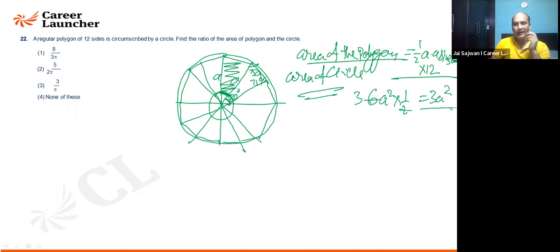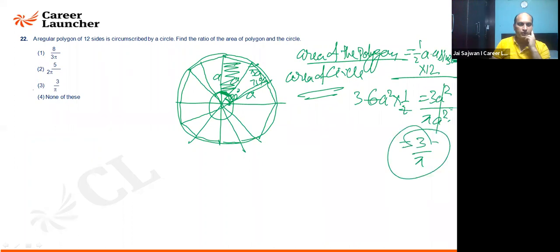Now let's talk about the area of the circle. When you have taken the radius as a, the area is pi a squared. The a squared gets cancelled out. You'll say 3 by pi is your answer. That is the third option. I believe it is clear. It's so simple, I don't know what you are doing there. It's a polygon given with 12 sides, and I will consider this to be a.